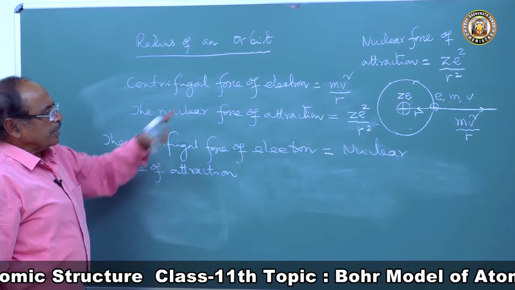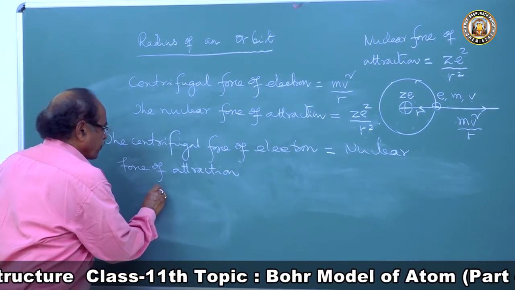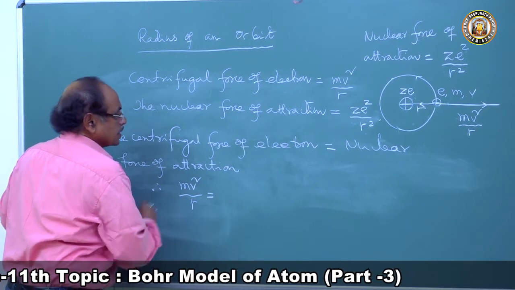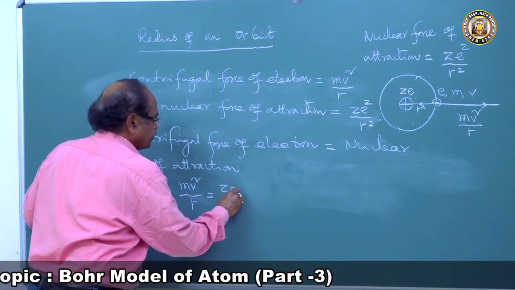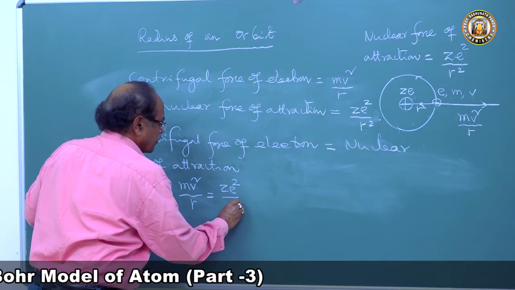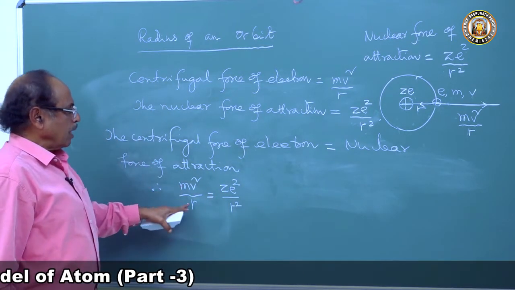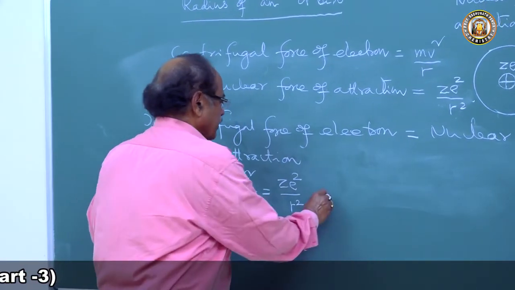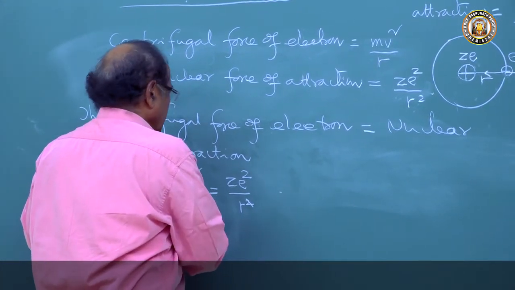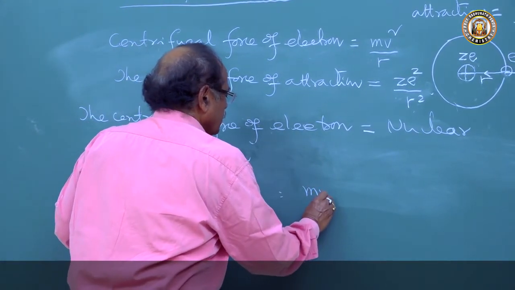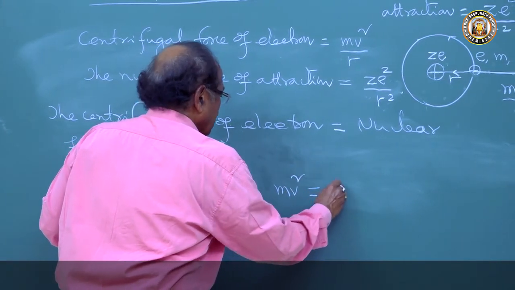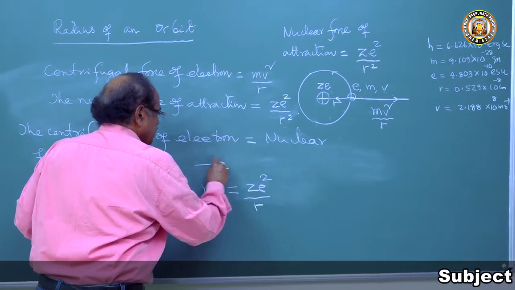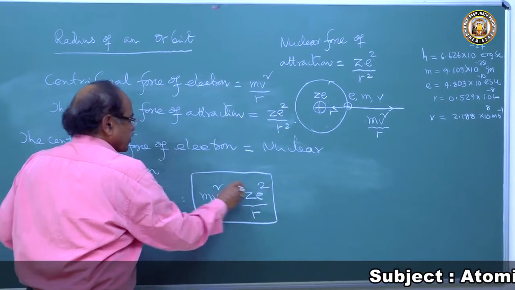So now if we equate these two, mv square by r is equal to Ze square by r square. Therefore, r cancels, so mv square will be equal to Ze square by r. Let us put this as equation 1.